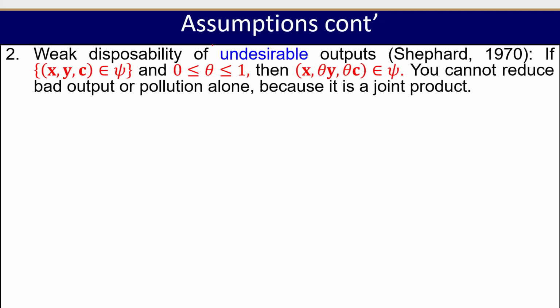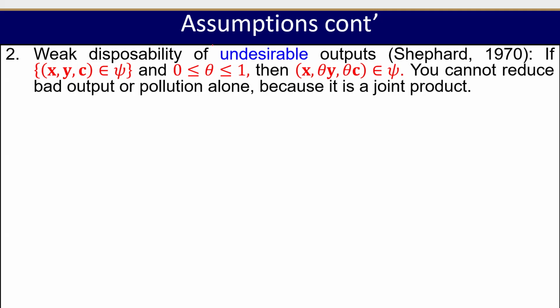So we are introducing the idea that it is not feasible to reduce the bad output alone. It's not technically feasible to produce only the desirable output in the absence of the undesirable output.